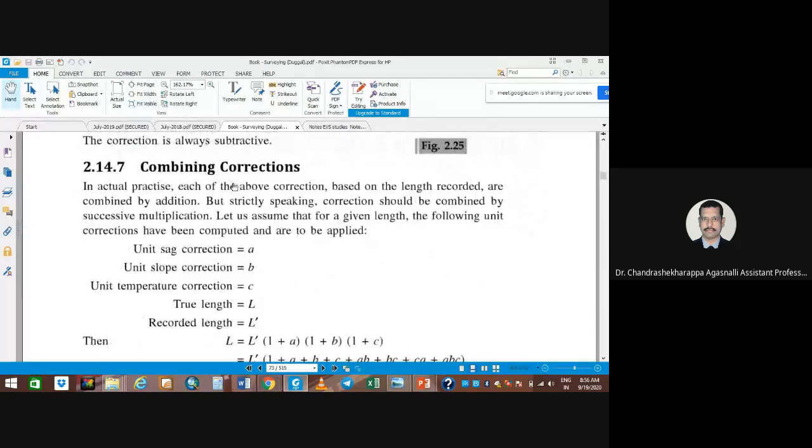Okay, the combined correction, combining corrections: in practice each of the above corrections is based on the length recorded. Only the length correction we are doing, and the elevation is another one. These are combined by additions, but strictly speaking, corrections should be combined by successive multiplications. Let us assume that for the given length, the following unit corrections have to be computed and applied: sag correction A, unit slope correction B, and unit temperature correction C. True length is L, and recorded length is L dash.